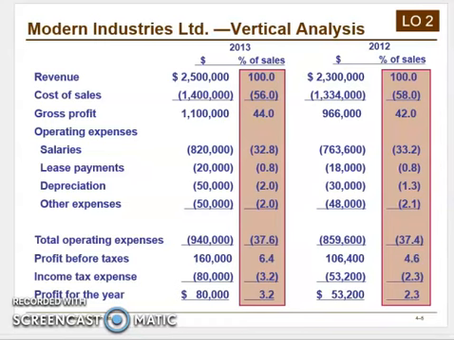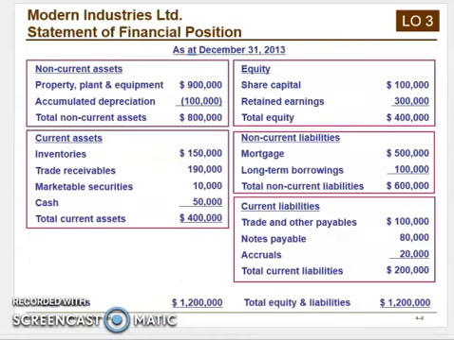So have a look at this, and if you want to, while I'm going through the videos, maybe you can keep that on the side, with the PowerPoint slides. And we also have their statement of financial position here. So let's go down and have a look at each of the calculations.